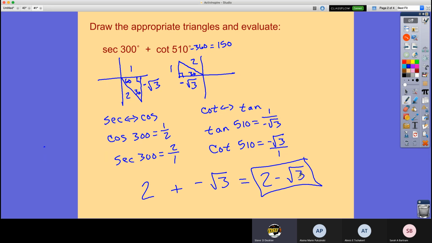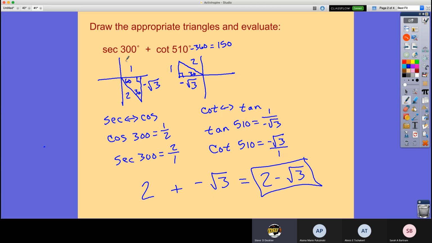Now I wrote down all the steps here so that you guys could see it all. At some point, you're going to look at this triangle and say, okay, tangent is 1 over negative square root of 3. Cotangent's the opposite of that, so it'd be negative square root of 3 over 1. And then you're just going to write down a negative square root of 3 after you get used to it.